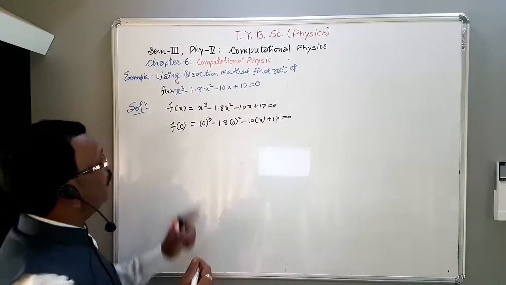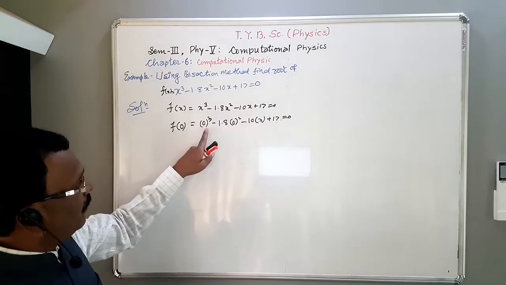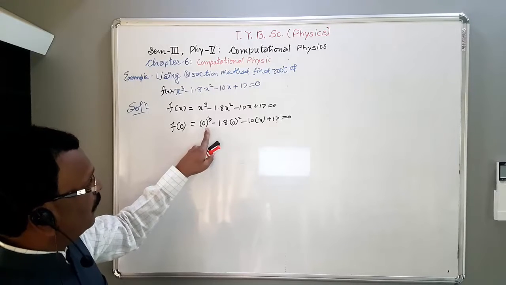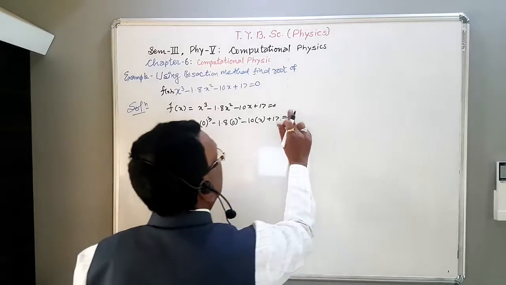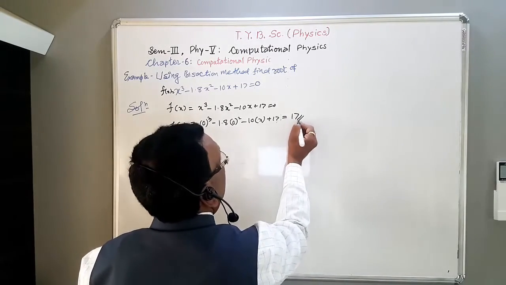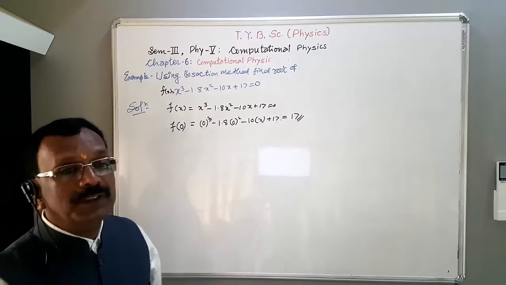When we substitute the value of x as 0 in this equation, what do we get? x is equal to 0, 0 into this 0, 0 into this 0, and simply we have 17. The value of f of 0 is 17.